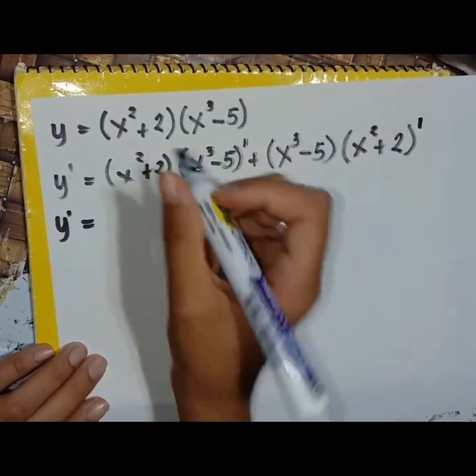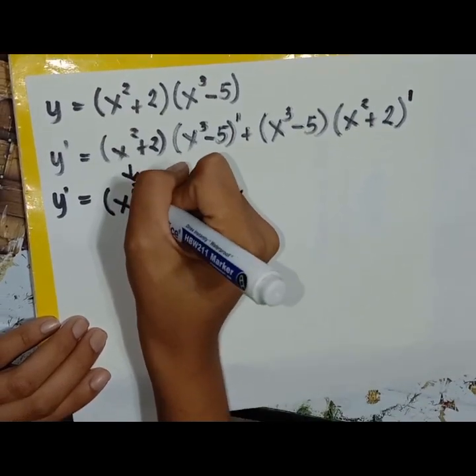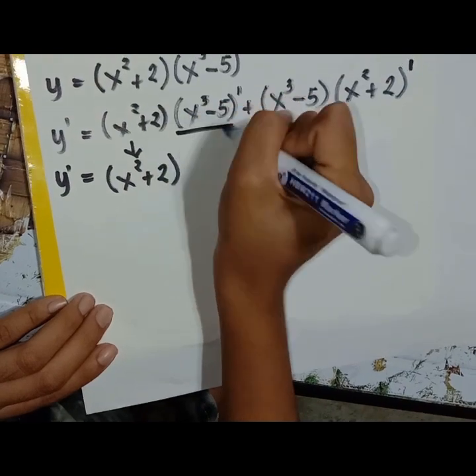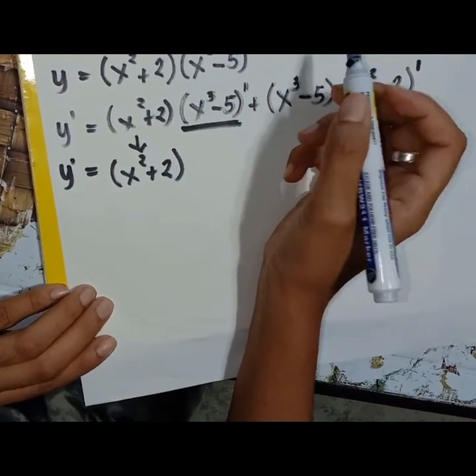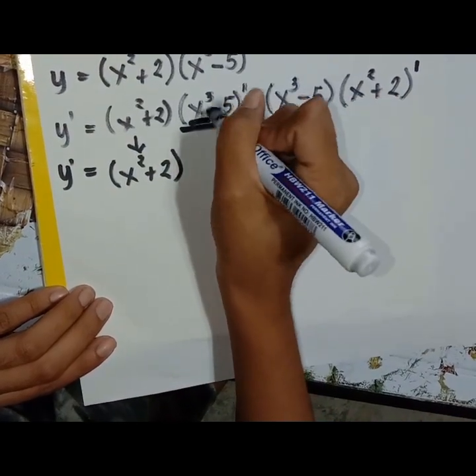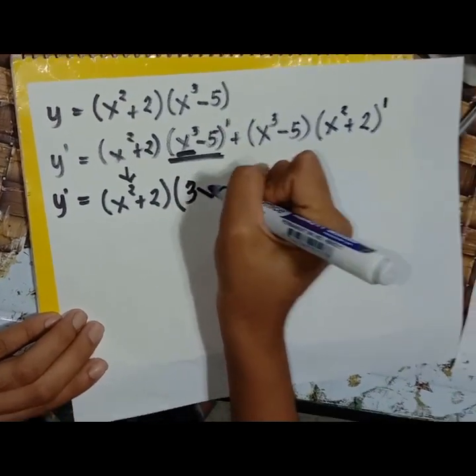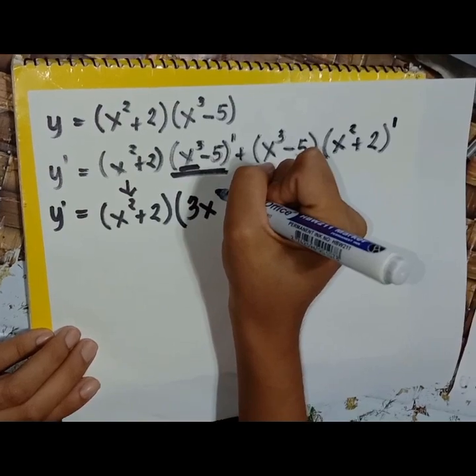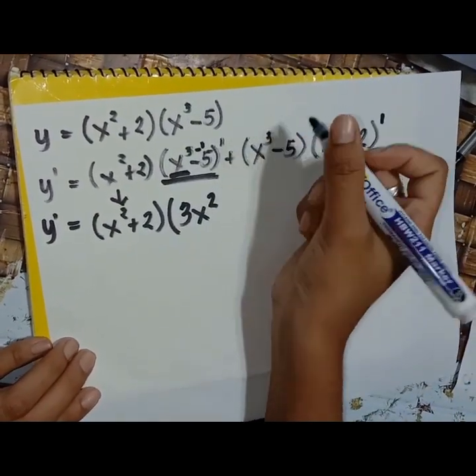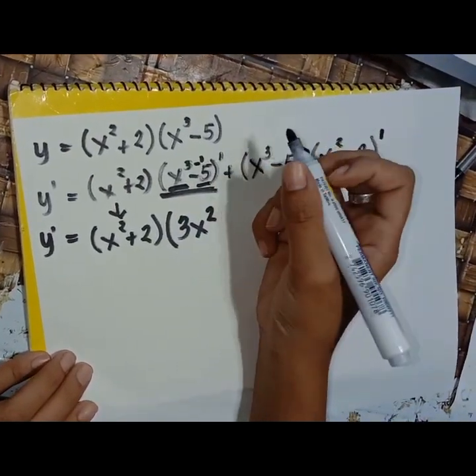Next, let's just copy the first function, x squared plus 2, then get the derivative of the second function, which is, let's just focus on the first term, x cubed. So it means 3x raised to 2 since 3 minus 1. Then, since 5 is a constant number, then it is equal to 0.